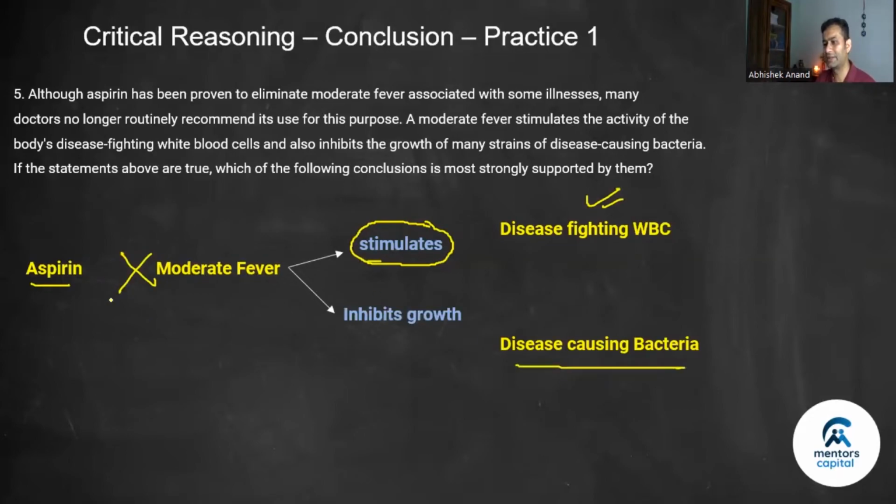And this is a negative thing. In this case, moderate fever inhibits the growth of a negative thing. But aspirin eliminates moderate fever. So one negative thing of aspirin is, if it is eliminating moderate fever, maybe your WBCs will not get stimulated. And maybe these disease-causing bacteria, the growth will not get inhibited, because moderate fever has two advantages.